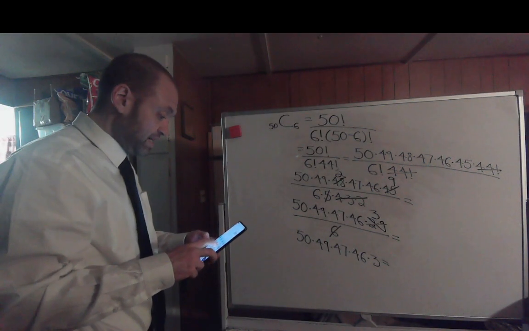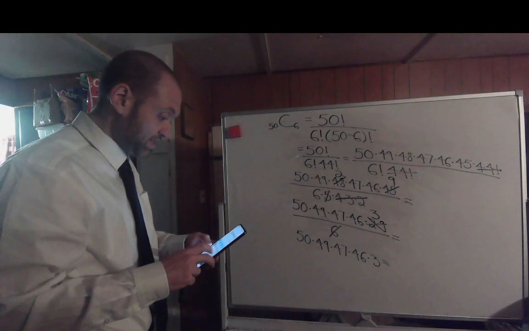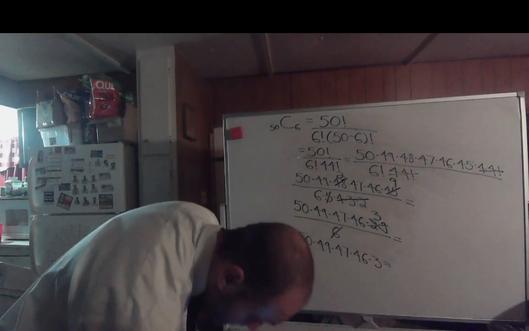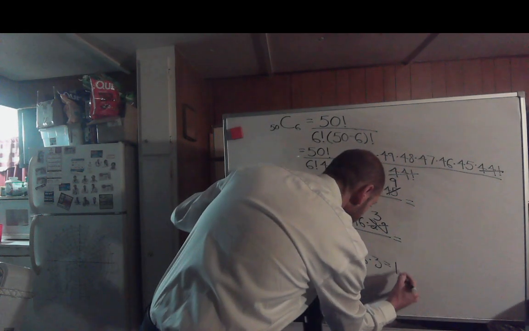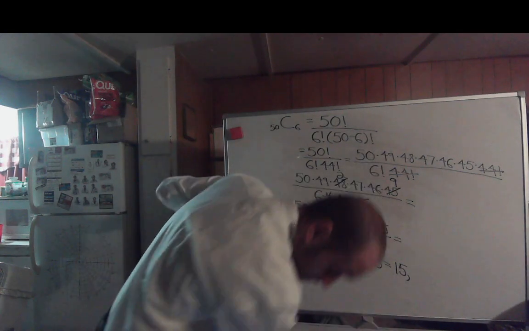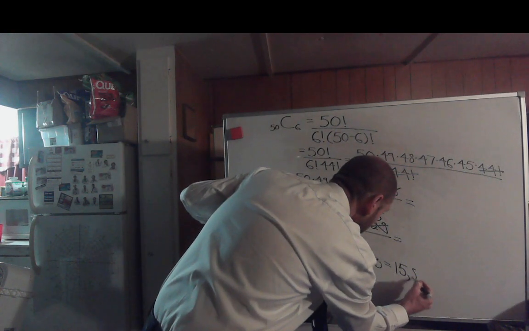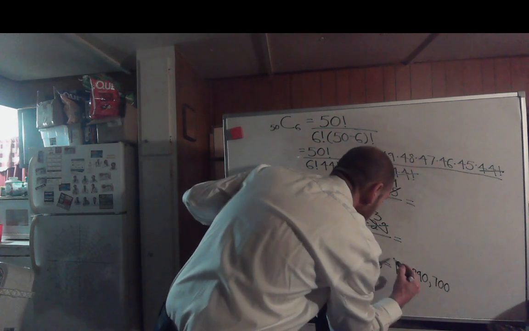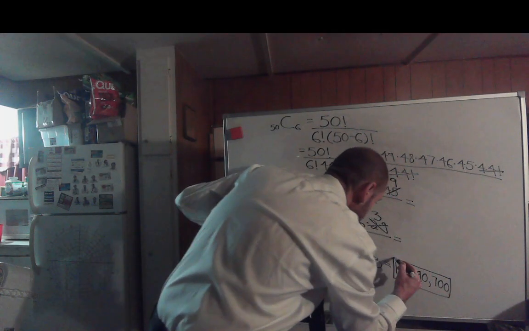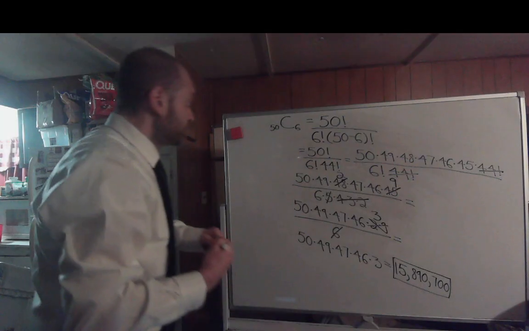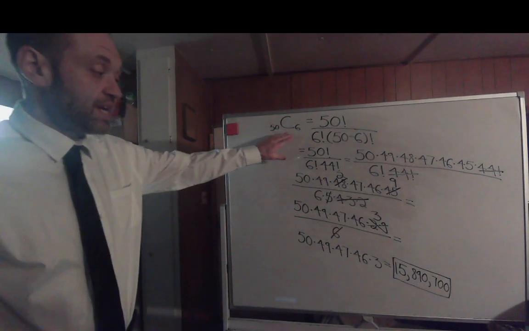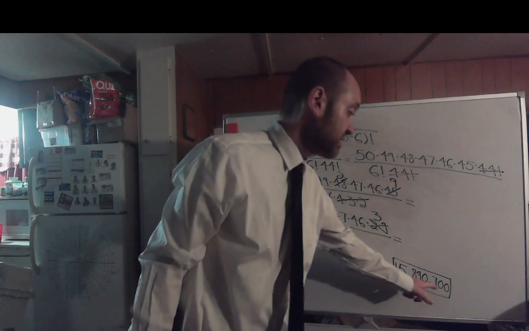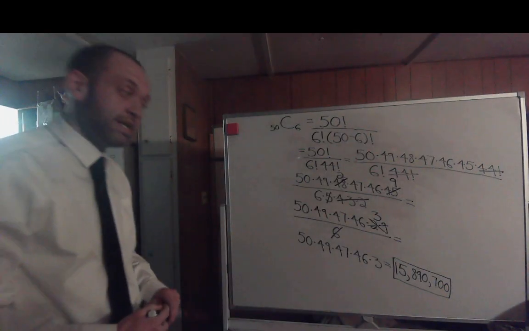Alright, so 50 times 49 times 47 times 46 times 3. You ready for this? It gives you 15,890,700 possible combinations. So if you take 50 items 6 at a time, you get 15,890,700 possible combinations.